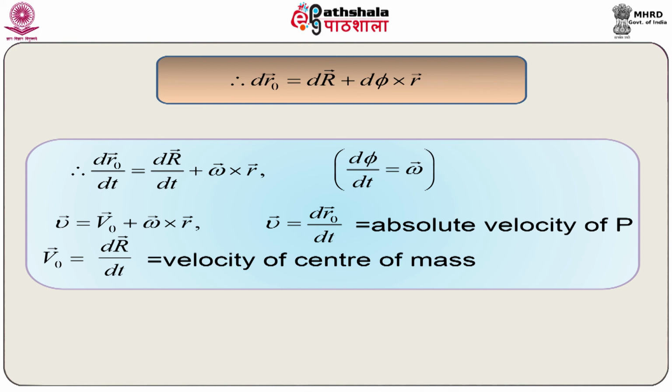This is the absolute velocity of the point P, whereas capital V vector suffix O given by this one is the velocity of center of mass, that is of O. This is called the translational velocity of the body.